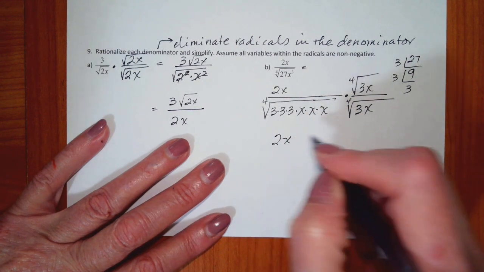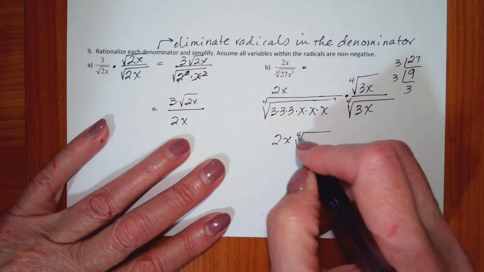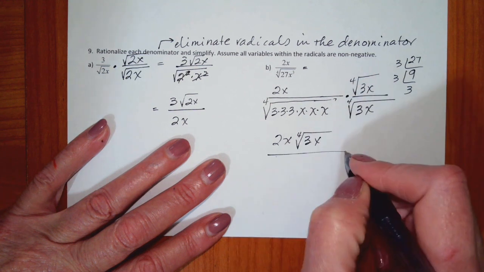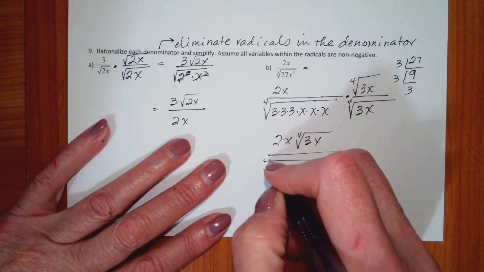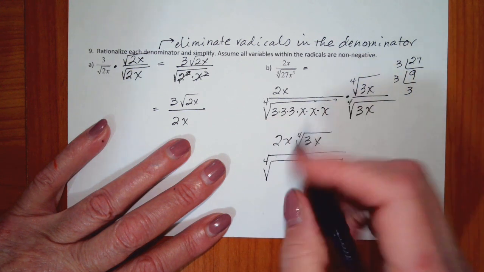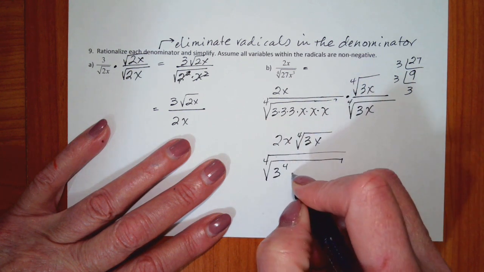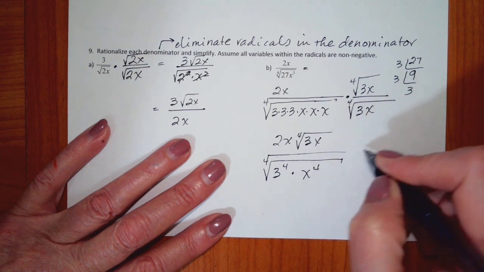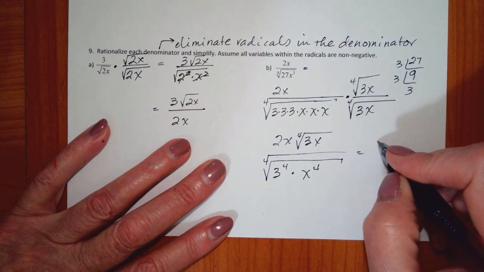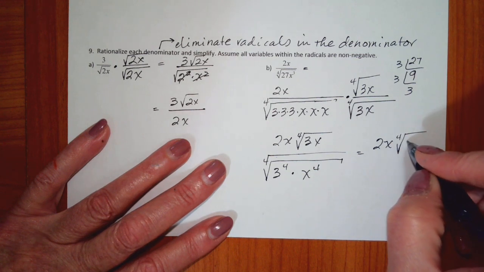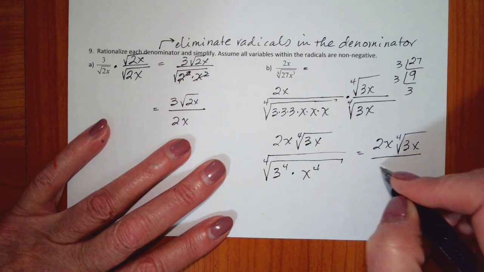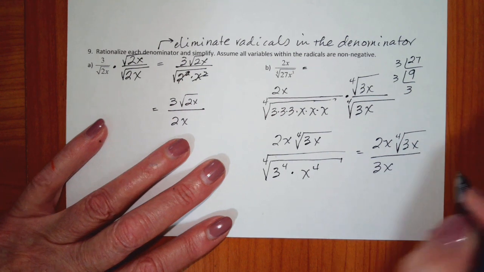So this becomes 2x times the 4th root of 3x divided by the 4th root, 3 times 3 times 3, so I've got 3 to the 4th and x to the 4th. So that becomes 2x times the 4th root of 3x divided by 3x.